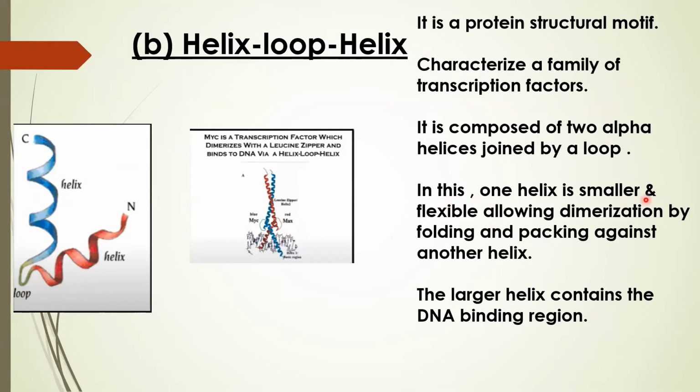In this, one helix is smaller and flexible, which allows dimerization by folding and packing against another helix. The larger helix contains the DNA binding region. If we talk about dimerization, dimerization is the addition reaction in which two molecules of the same compound react with each other to give an adduct.